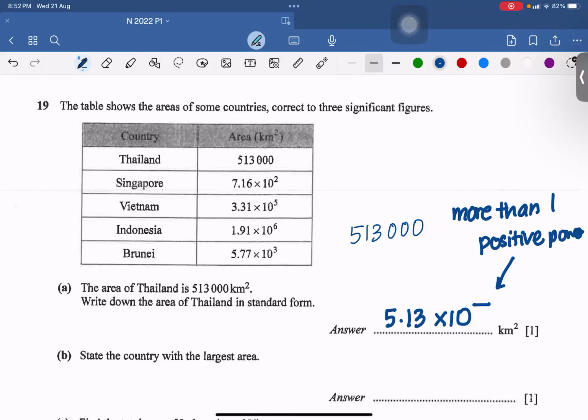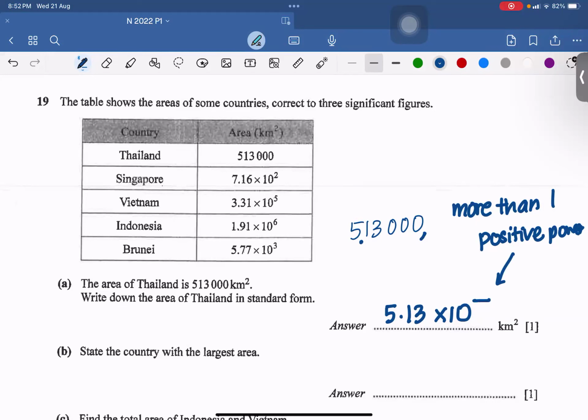Now I want the decimal place to be here, but it is here. So I shift 1, 2, 3, 4, 5. So it's times 10 to the power of 5. Positive power. So this is 5.13 times 10 to the power of 5.